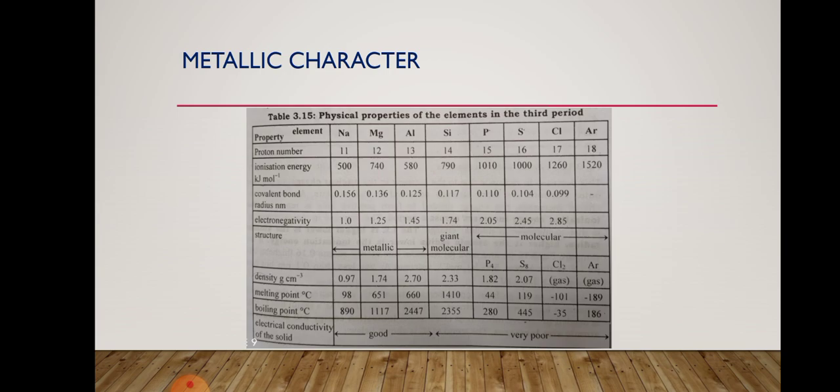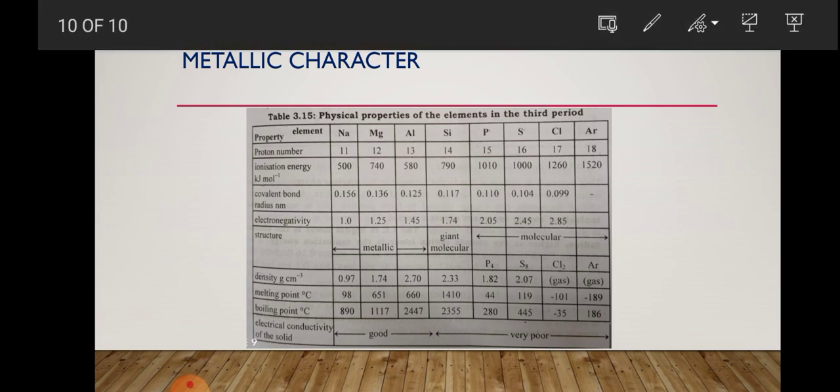In a period, the elements at the extreme left are metals, and at the extreme right are non-metals, and between these metals and non-metals there exist metalloids, which have some of the properties of metals and some of the properties of non-metals.